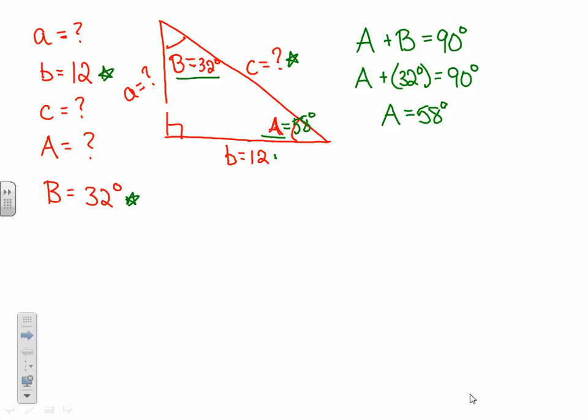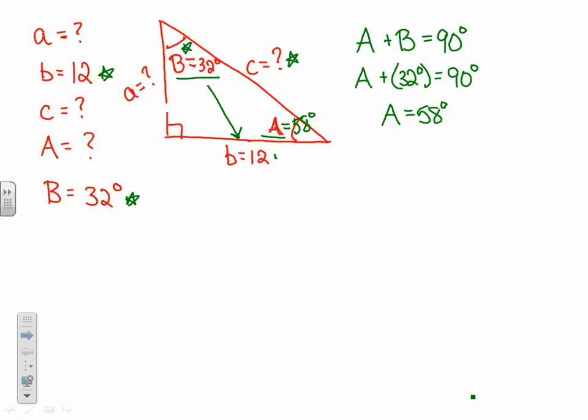Side C is always our hypotenuse. So I have a hypotenuse. That means I'm either using sine or cosine. And then I have to look at the sides that I know. Well, I know side B over here.